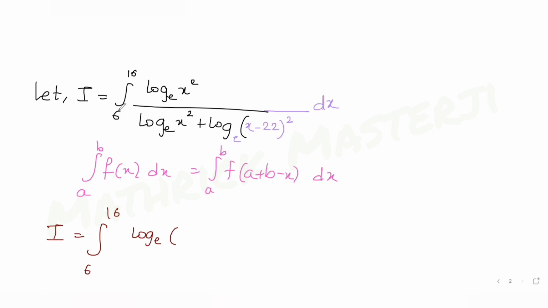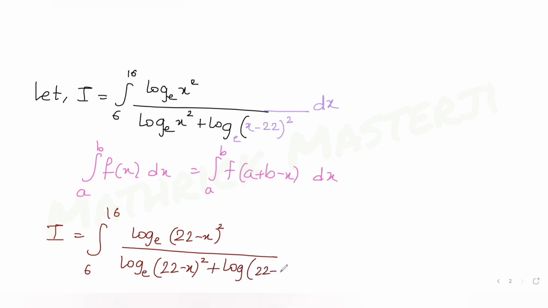Here a plus b is 6 plus 16, which is 22. So 22 minus x the whole square in the numerator, and in the denominator again 22 minus x the whole square plus log of 22 minus x minus 22, so minus into minus becomes plus, 22 the whole square, dx, to the base e.